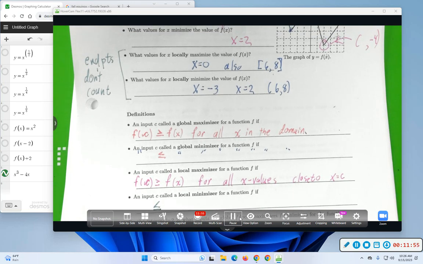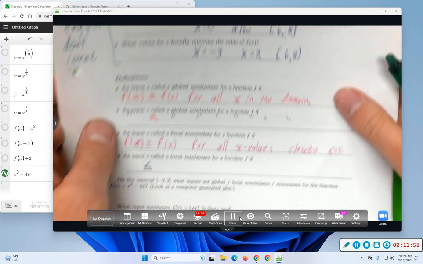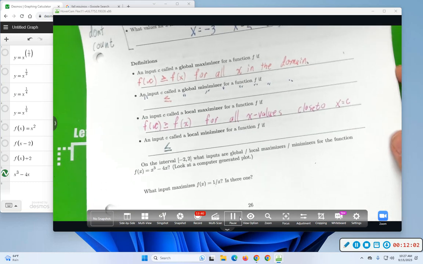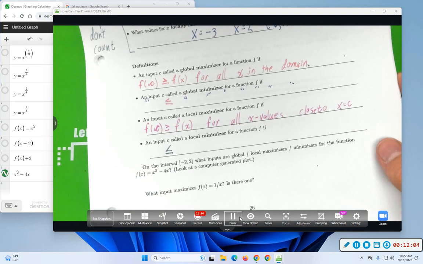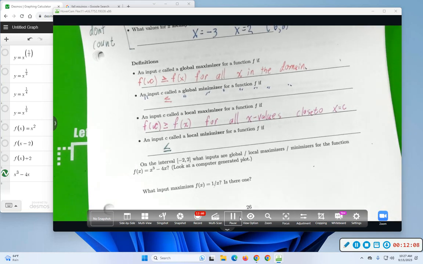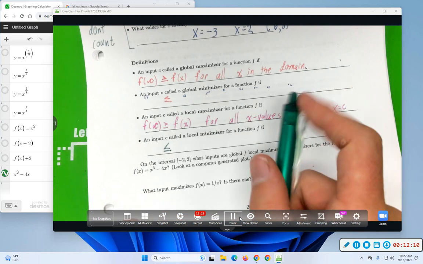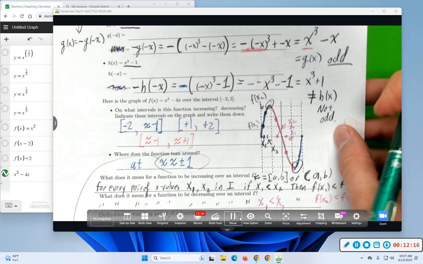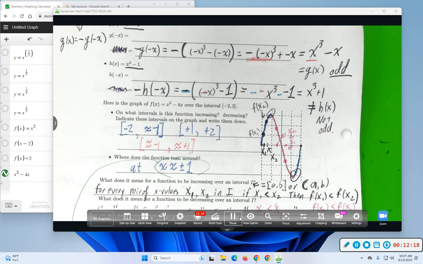Cool. All right, in order to compare what we just did with the idea of turning points, I'm going to flip back to the example on the previous page of x cubed minus 4x. What would you say the maximum value this function takes is?